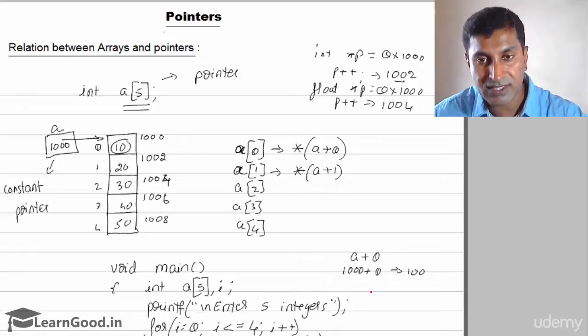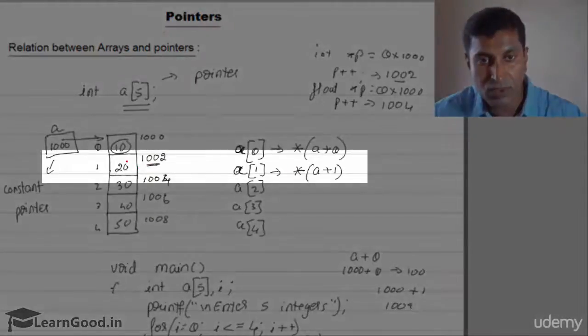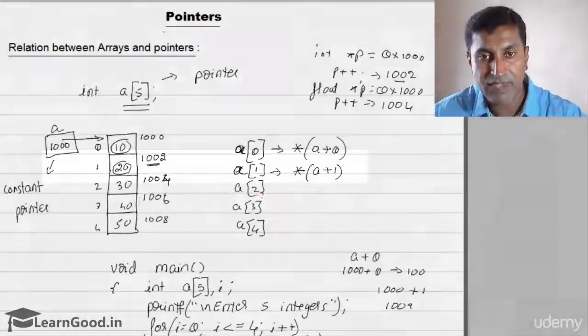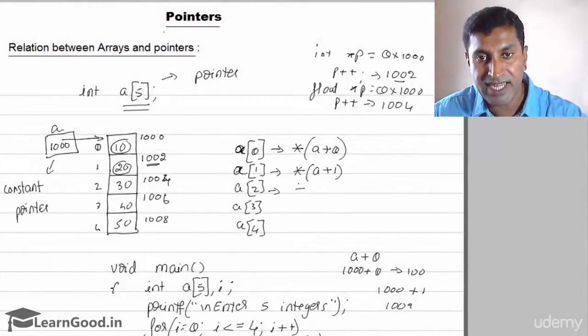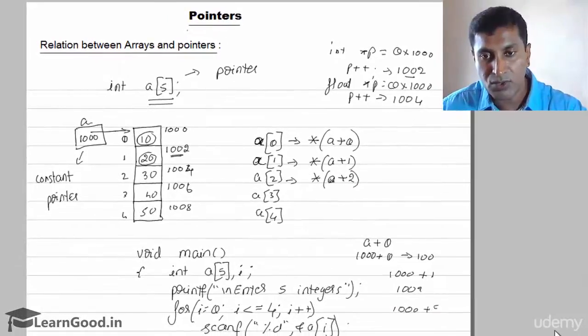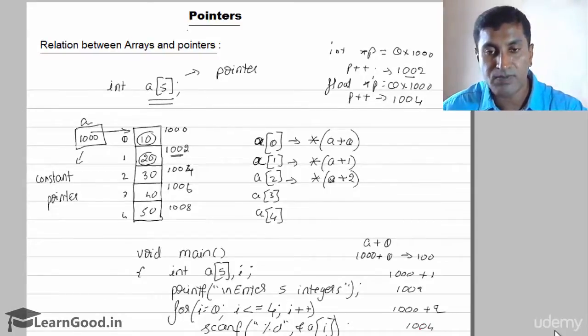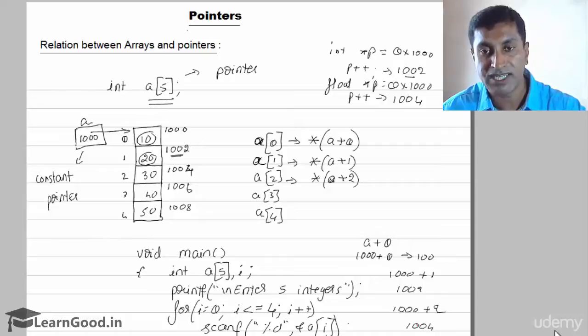So a is 1000, and 1000 plus 1 is going to be 1002, and asterisk of 1002 will give that location's value. In the same way, a of 2 will be internally taken as asterisk of a plus 2. So 1000 plus 2 is going to be 1004, because when you increment an integer pointer, it gets incremented by 2.